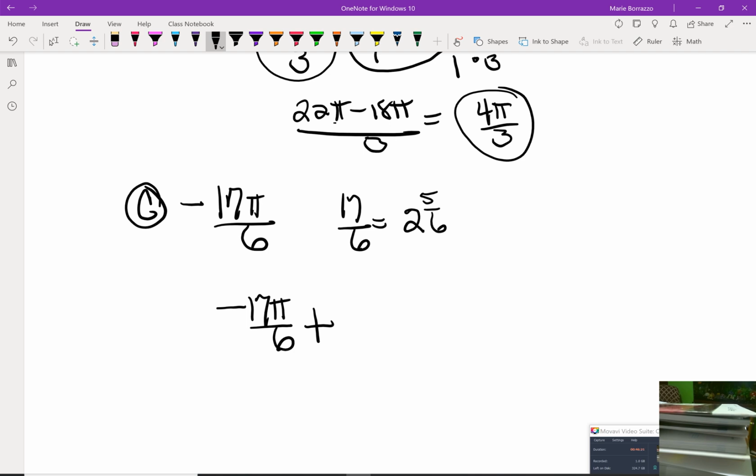In other words, 2 pi times 2, which gives me 4 pi over 1.